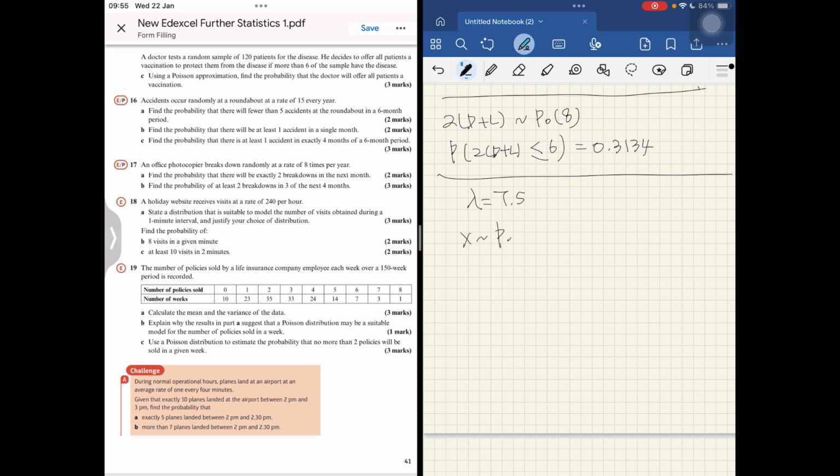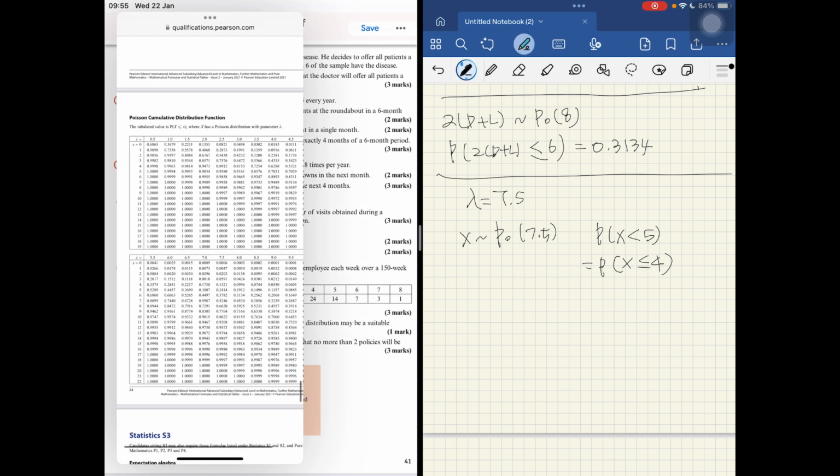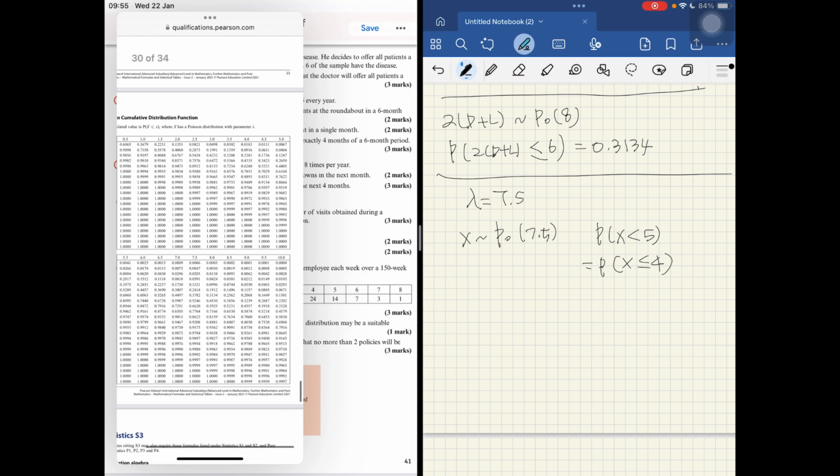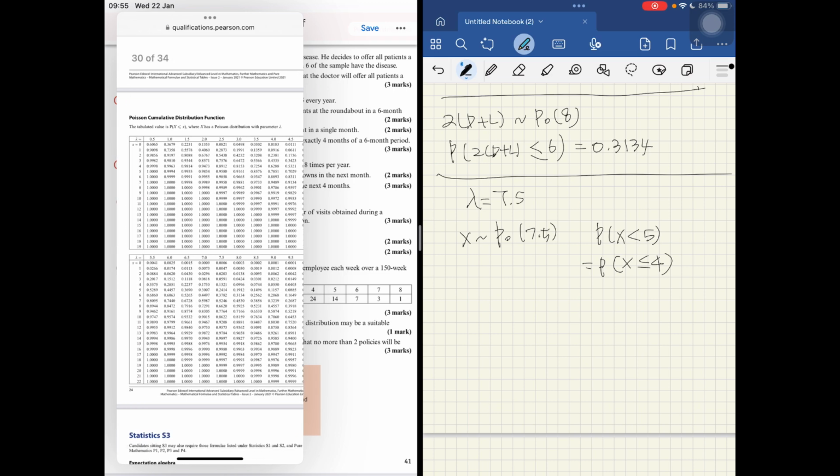So X follows Poisson distribution with 7.5, and probability fewer than 5 accidents means probability X is smaller than or equal to 4. Because the Poisson is discrete, smaller than 5 means smaller or equal to 4. So with 7.5 and 4, the answer is 0.1321.